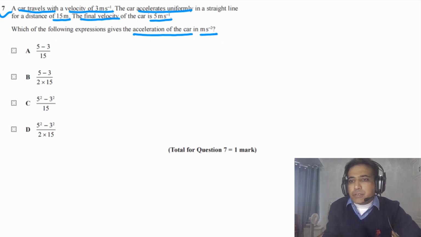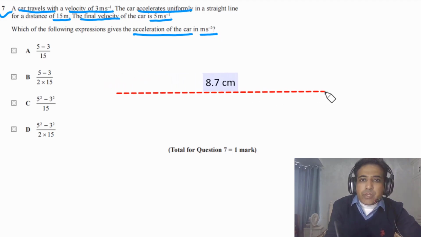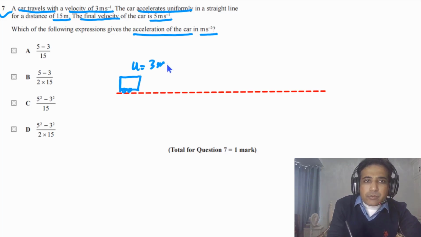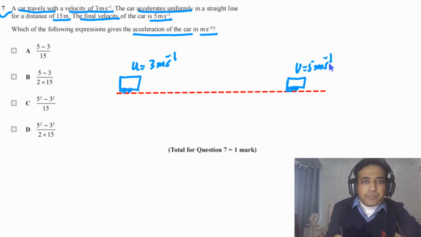For this question, it is given to us that the car is moving in a straight line. So we can simply draw the car here. This one is the car. The initial velocity of the car is 3 meters per second, and the final velocity of the car is 5 meters per second.